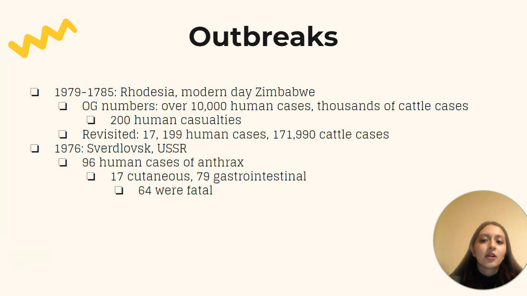So this occurred on Compound 19, which is a military compound that sought to create Bacillus anthracis on a mass scale. The outbreak was caused by an accident at the compound where air filters were not working properly, and they basically ended up accidentally releasing anthrax spores into the city.